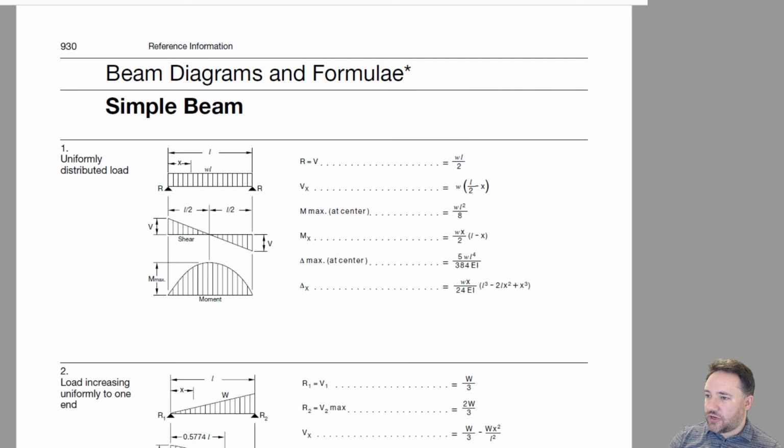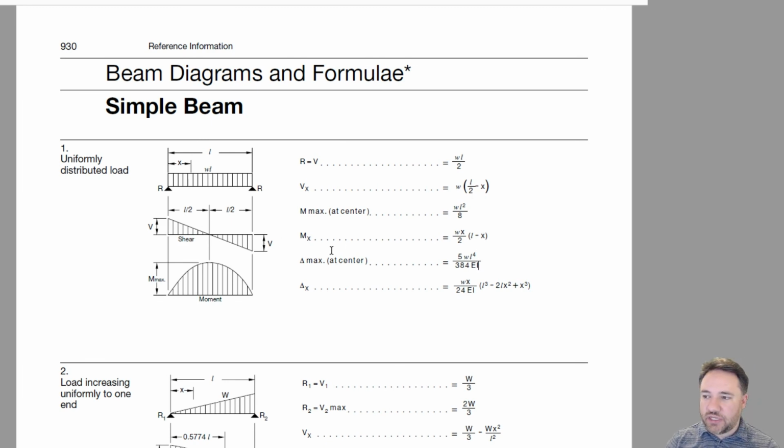But also there are the regular beam diagrams and formulae. For example, for a simply supported beam with a uniform dead load, you can see here it provides a calculation for the deflection at the center. And you probably recognize this equation, 5wL^4/384EI, for a simply supported beam with a uniform load, and they have beams with cantilevers, and they have beams with multiple spans.